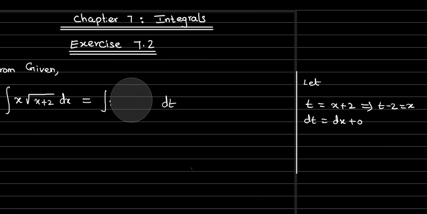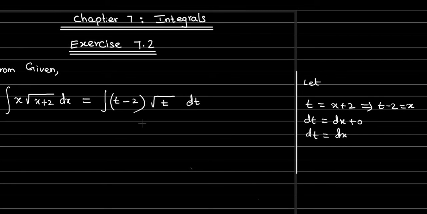And x plus 2 is what we considered as t, so square root of t. And dt and dx are both the same, so just remove the dx and rewrite it as dt. So the given question is completely changed in terms of the t variable.